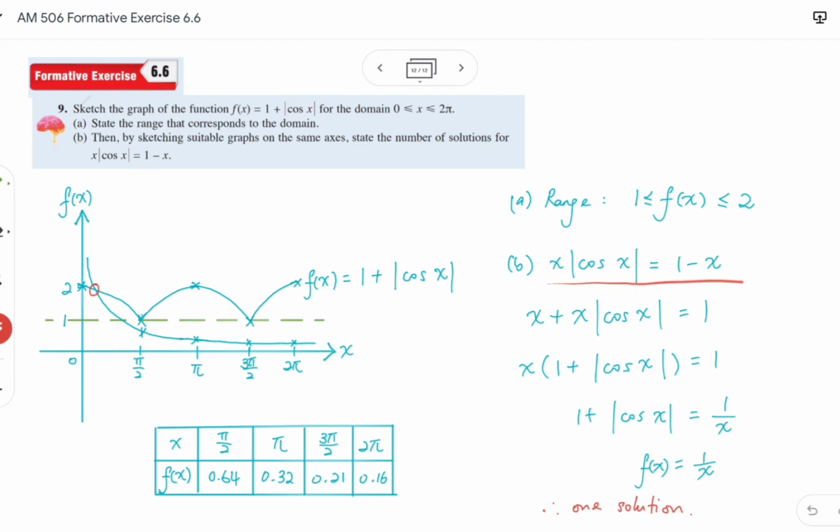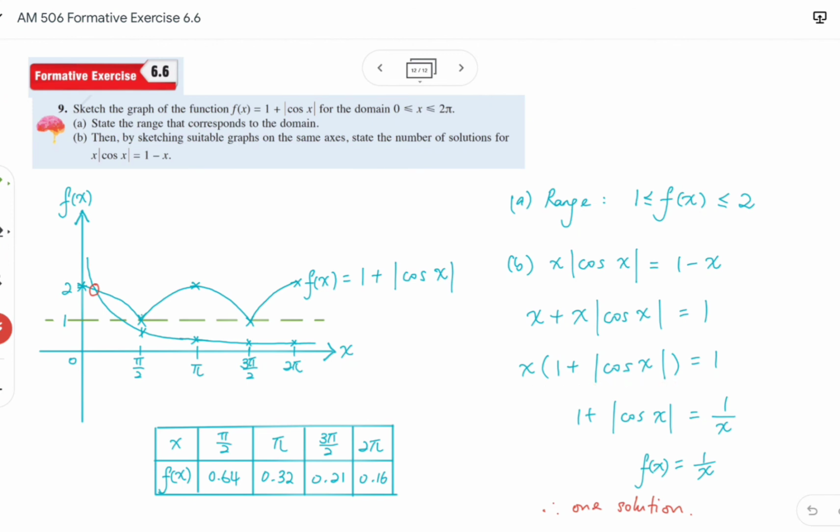So we try to solve this, and we try to get back 1 plus modulus cosine x. So we move the negative x to the left hand side so that we get x plus x times cosine x equals 1. Factorize out the x, we get x times 1 plus modulus cosine x.